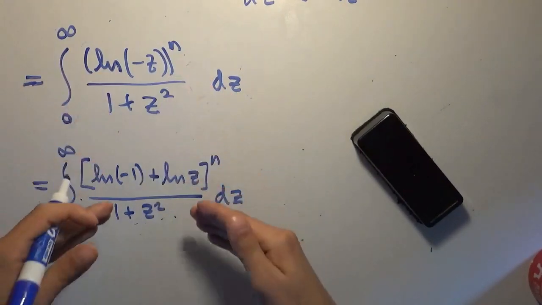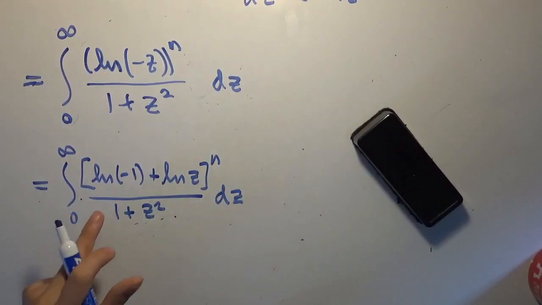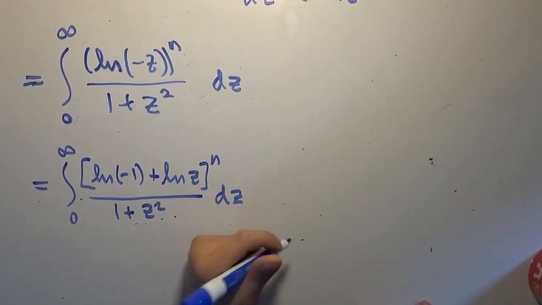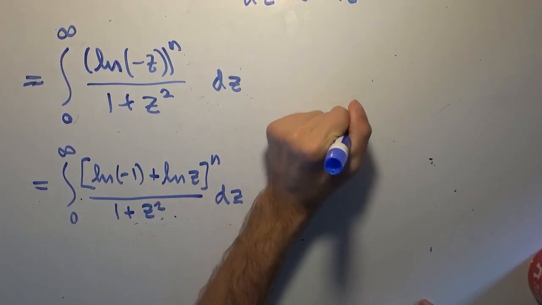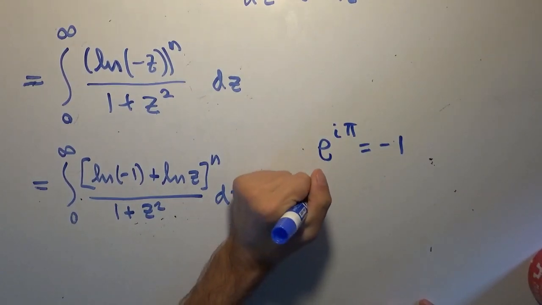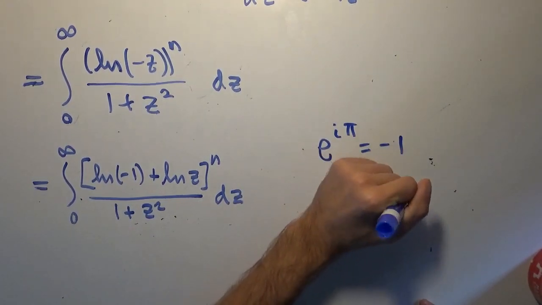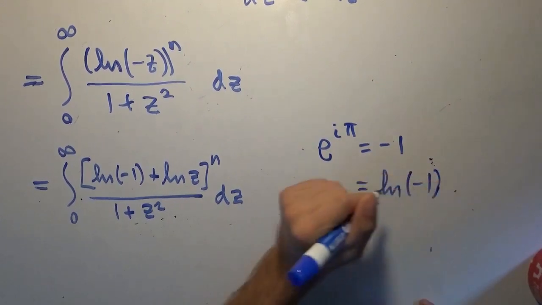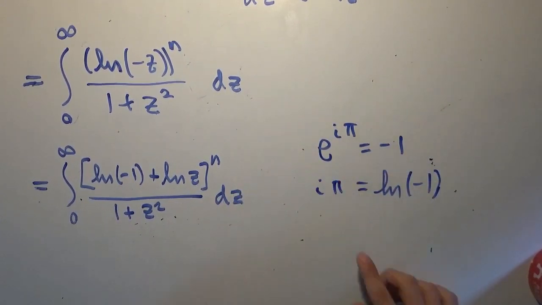It turns products into sums. Now all we need to do is evaluate the natural logarithm of negative 1, and that's not too hard. We know that e to the i pi is equal to negative 1. If we take the natural logarithm of both sides, we see that the natural logarithm of negative 1 in the principal branch is equal to i times pi. So we can just replace this with i times pi.